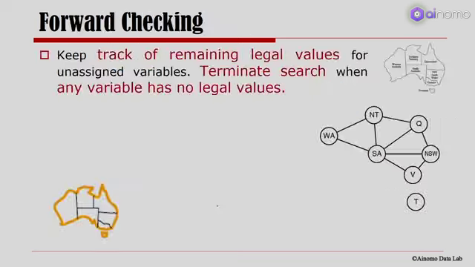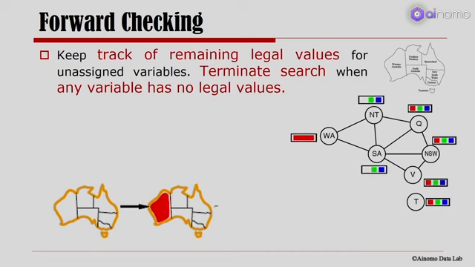So let us look at this map coloring example to understand forward checking. Here on your right is the constraint graph, and we have 7 variables as we have been discussing. To start with, all these variables could be colored in any one of the 3 colors. Now let us say that we have colored WA red.